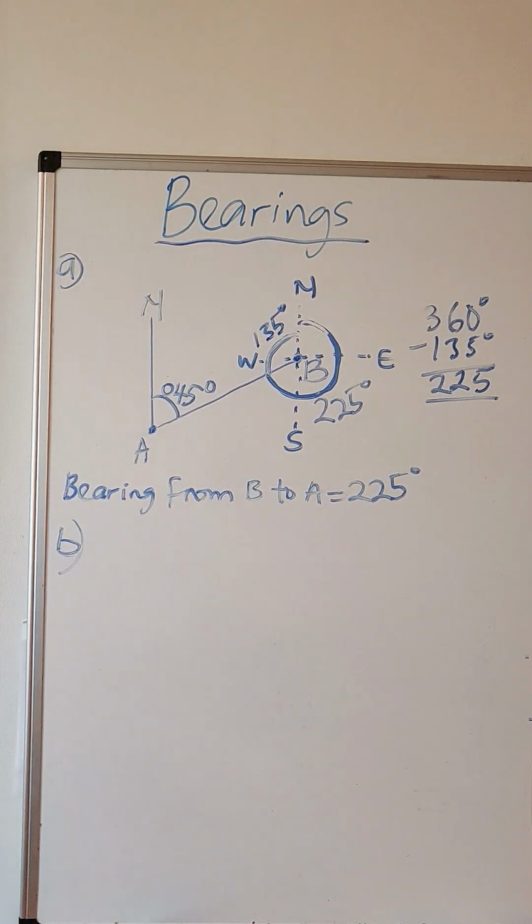I would like to draw it again and explain how to get the reverse of it, which is the bearing from B to A.